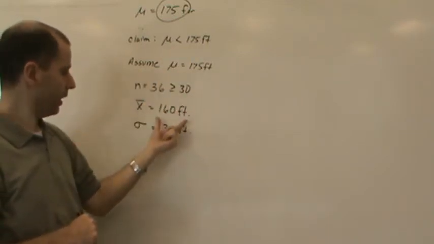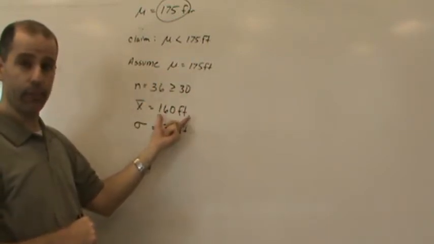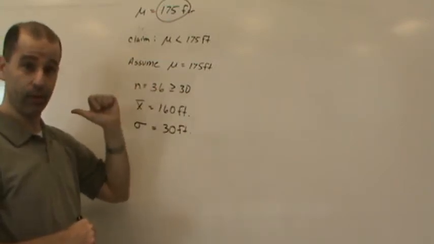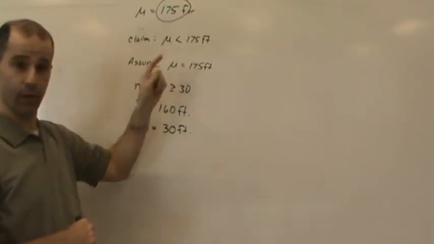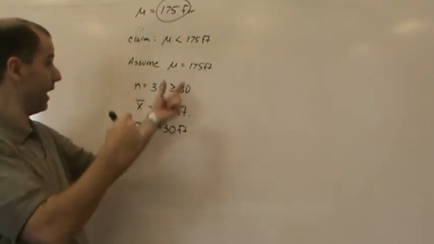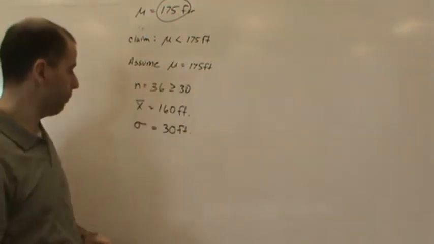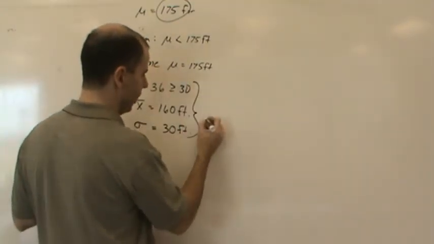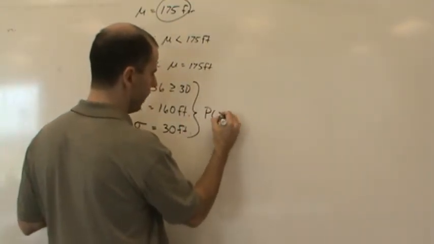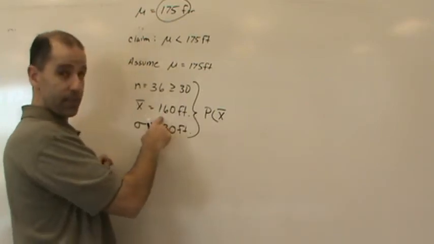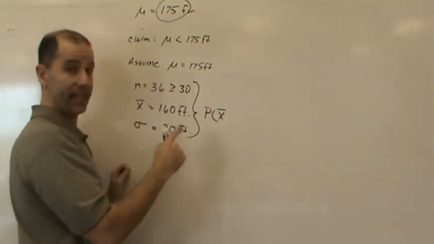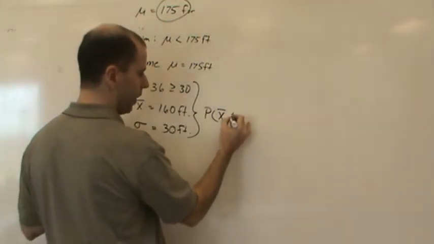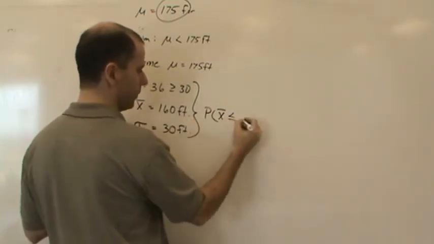If this is what we got, then more extreme would be even less than that. So it's in the direction of this arrow. Based on this data, we're going to calculate the probability of getting the sample statistic that we got, or one that's even more extreme. So x bar is less than or equal to what?